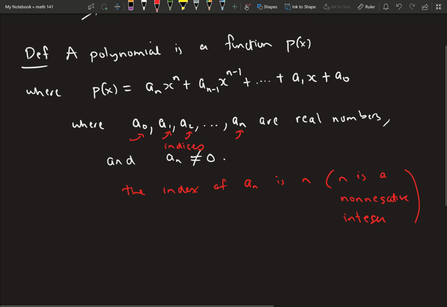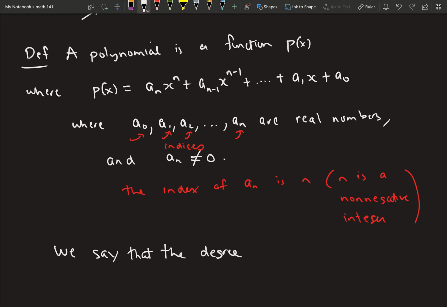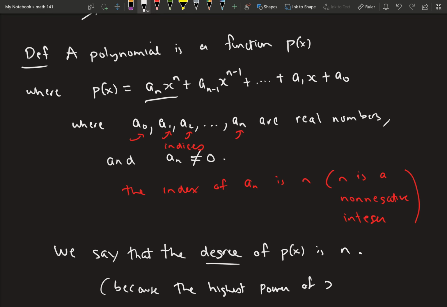And here we also say that the degree of p of x is n, meaning it's the highest power of x that is there in this polynomial, because the highest power of x is n in this polynomial.